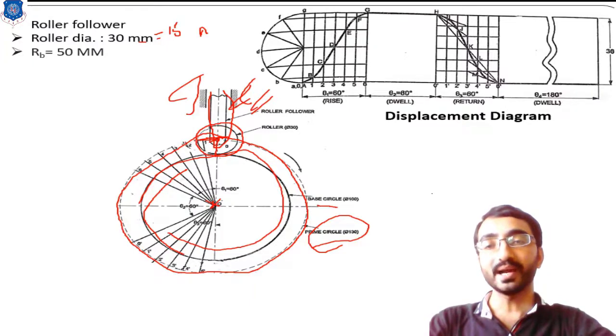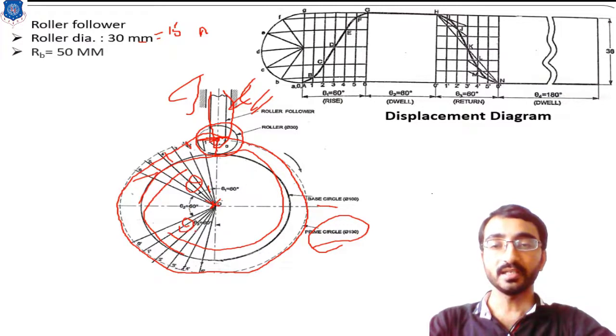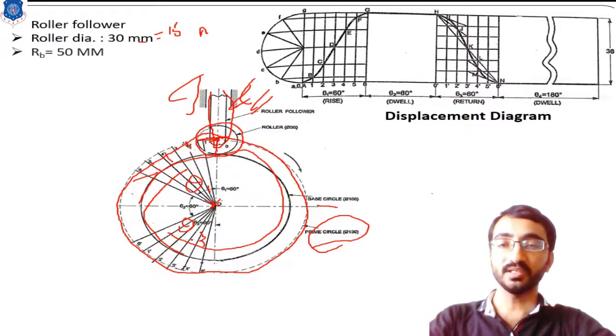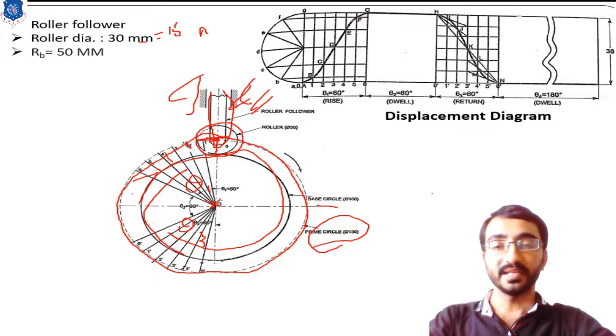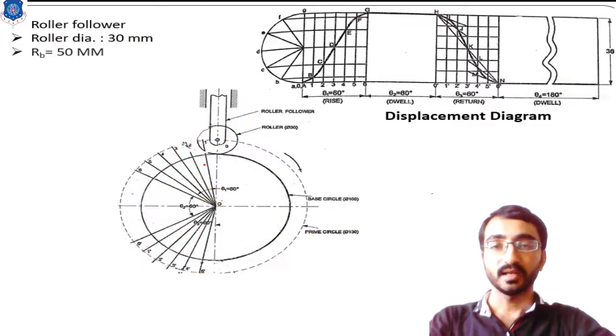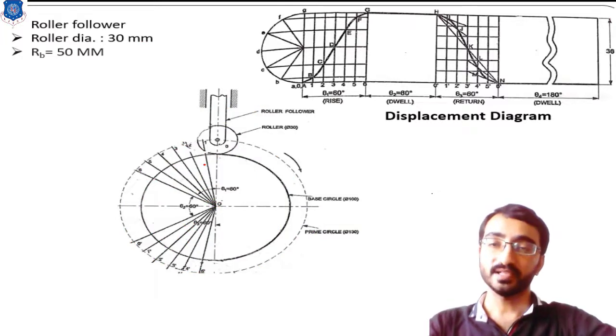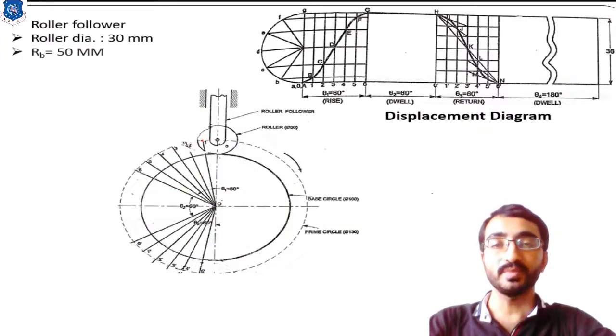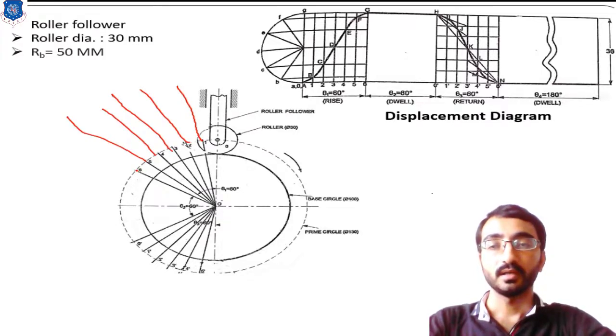Then divide this prime circle into 6 equal parts, and similarly in case of theta 1 and theta 2. In this way we follow the rest of the same procedure as we followed for the knife edge follower. Now after sketching this division, we simply extend these radial lines in this way.